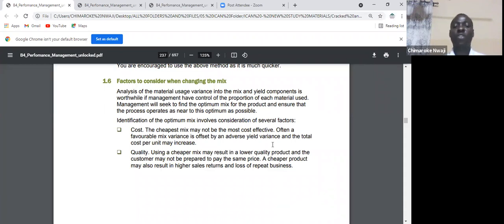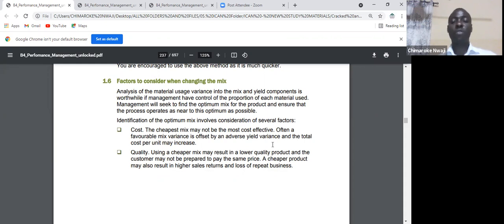One of them is costs. The cheapest mix may not be the most cost effective. So the fact that a mix gives you a cheaper value may not be effective. A favorable mix variance may be offset by an adverse yield variance, and the total cost per unit may increase.